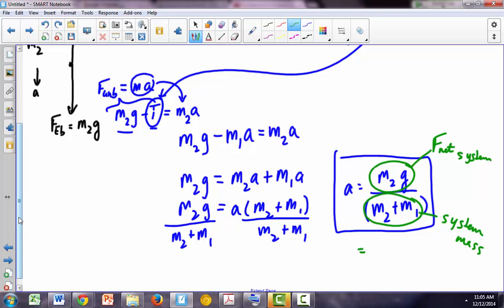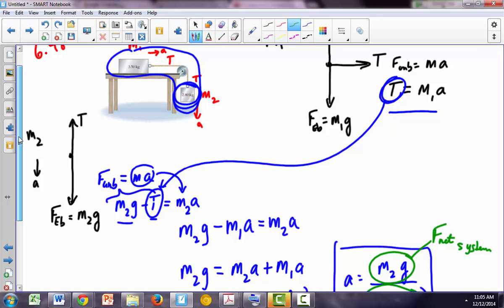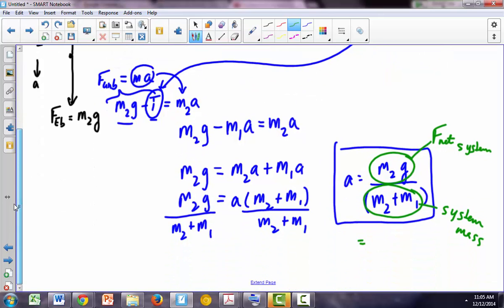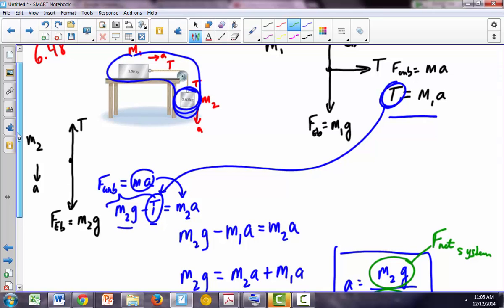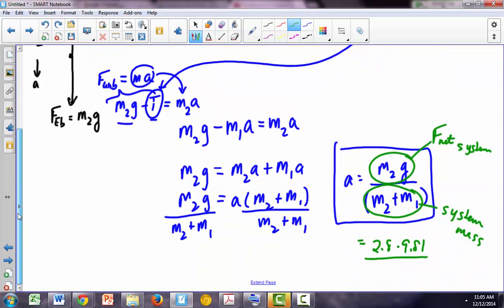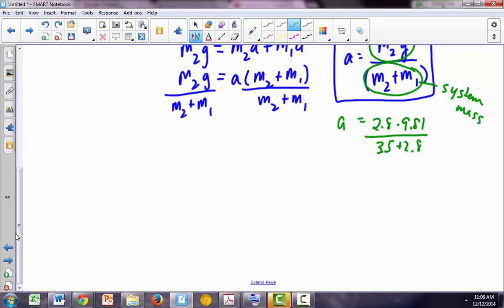So in our problem, we have m2 is 2.8. I'm going to use 9.81 because it seems like we get a slightly rounded off wrong answer when we use 10. And the sum of those two is 3.5 plus 2.8. And that's my acceleration.